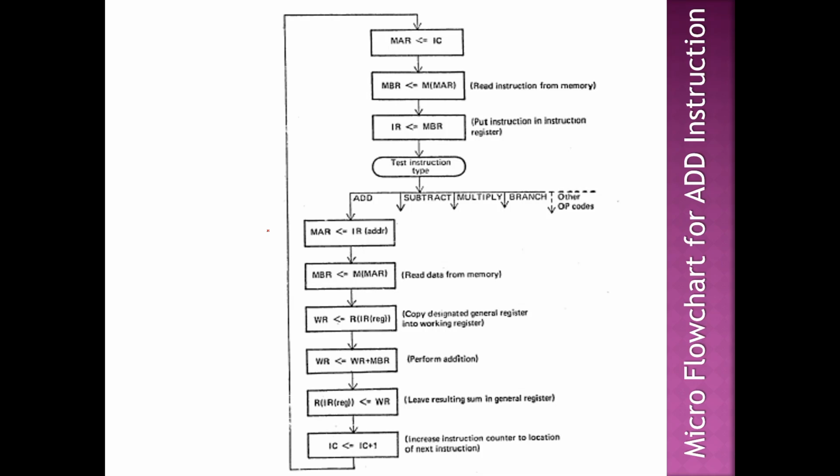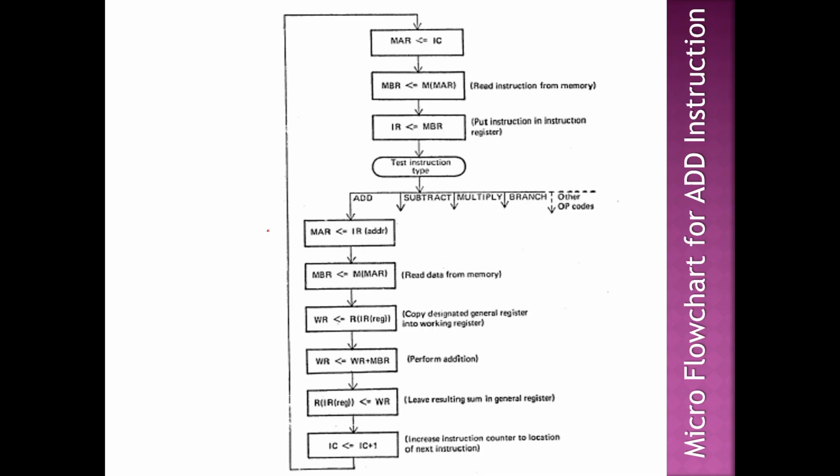Register 2. Why are we doing that? I told you A 2 comma 176 means the contents of 176 will be added to the contents of register 2 and the result is going to be stored in register 2 itself. So after addition the sum will be present in the working register. That sum has to be stored in the register present in the instruction, so the sum is going to be present in register 2.